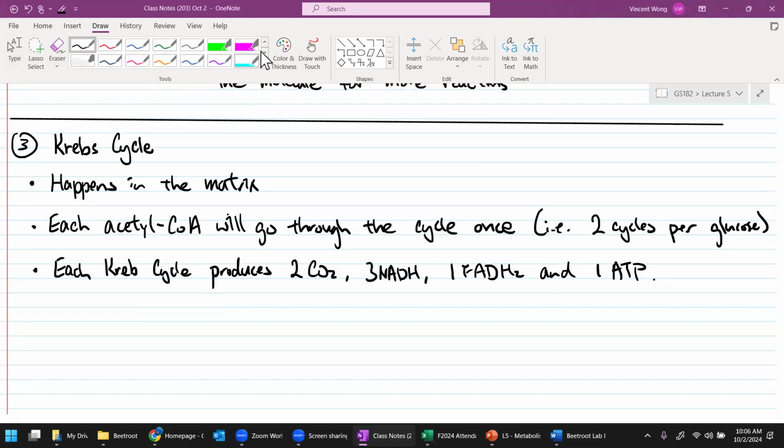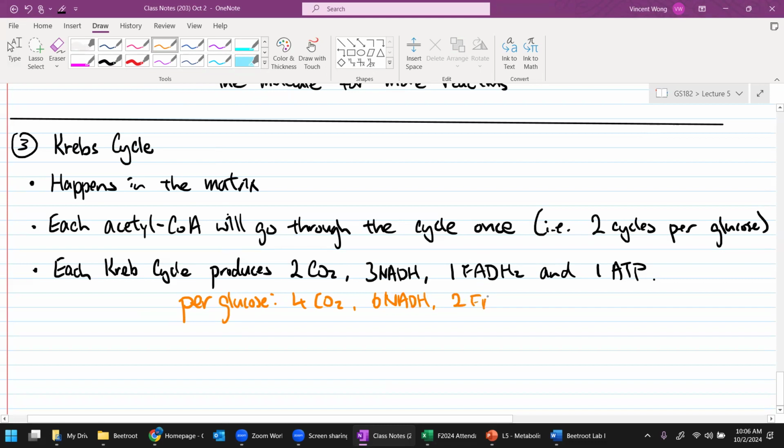Here, I'll write in a different color for you. Per glucose, it's going to be 4 CO2, 6 NADH, 2 FADH2, and 2 ATP.